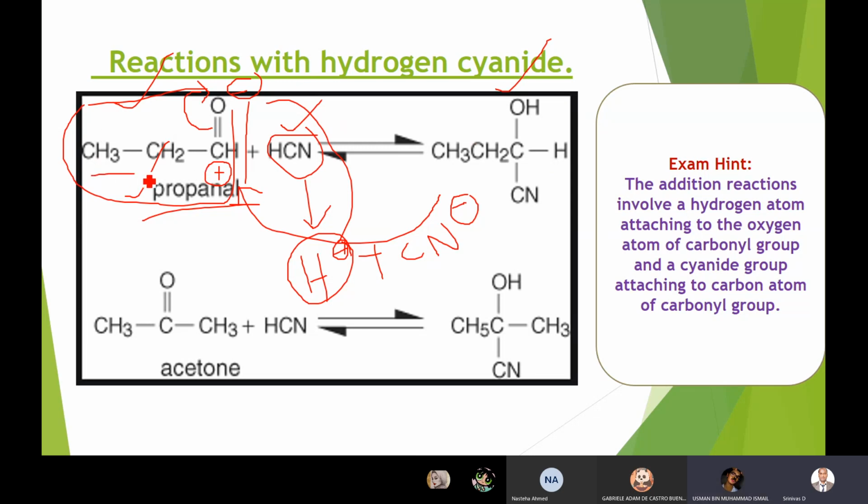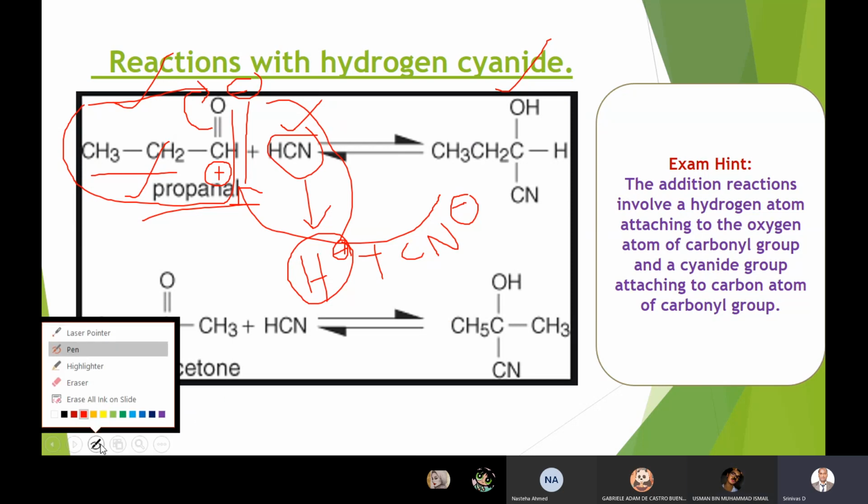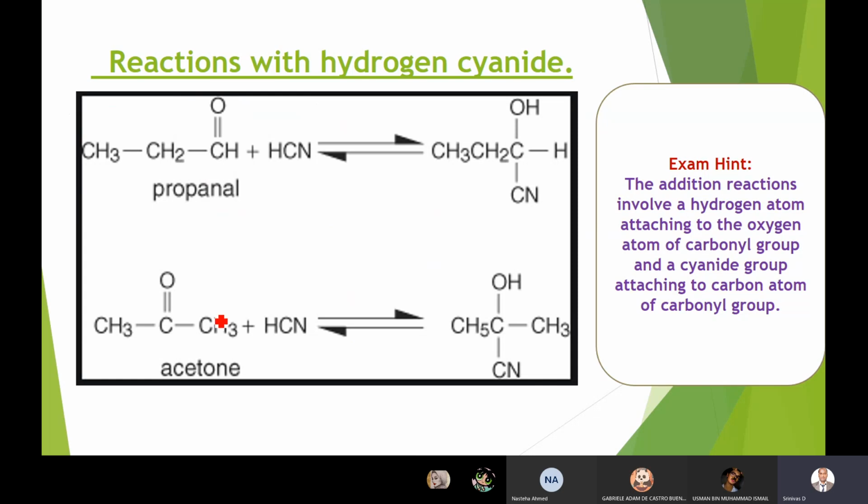Don't disturb any other carbons, or even this hydrogen. Only on this carbon and this oxygen are there changes. Please understand the logic here. You need not remember everything. If an acetone, aldehyde or ketone is given, and it is HCN, the CN part will attack this carbon.